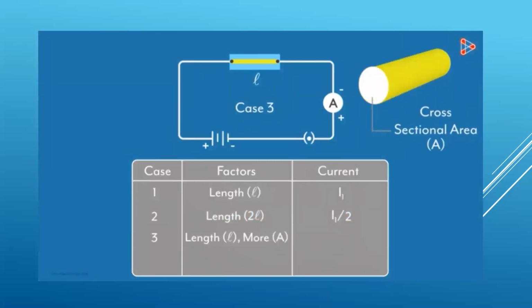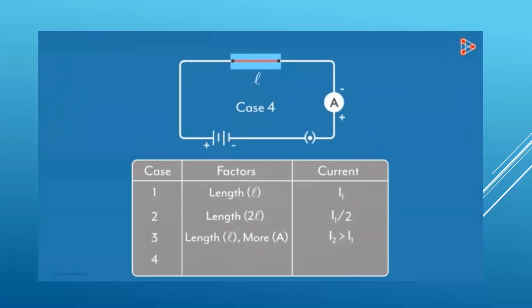Let's call it A. Now, when you measure the current, you will notice that it's more than the original current I1. The results we're getting are pretty interesting. Let's try out one last case. We use a copper wire instead of a nichrome wire. The length and cross-sectional area A will be the same as the original wire, but the material has changed entirely.